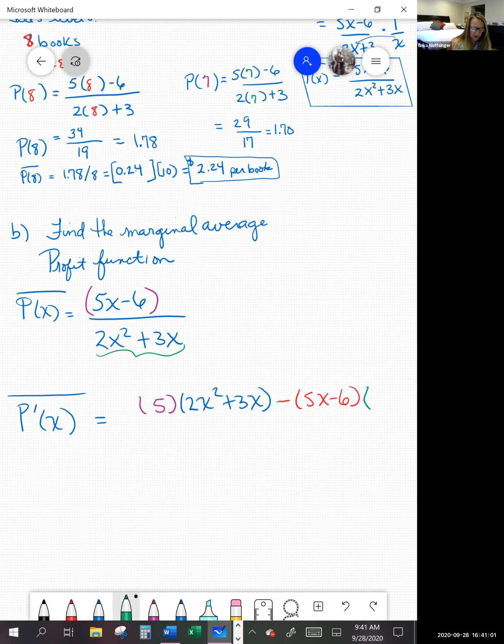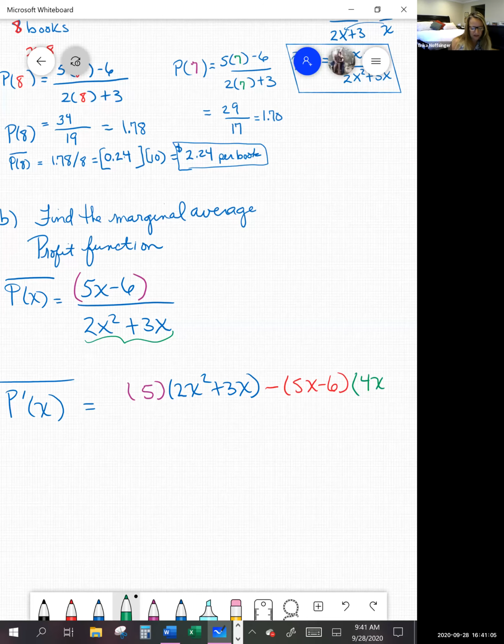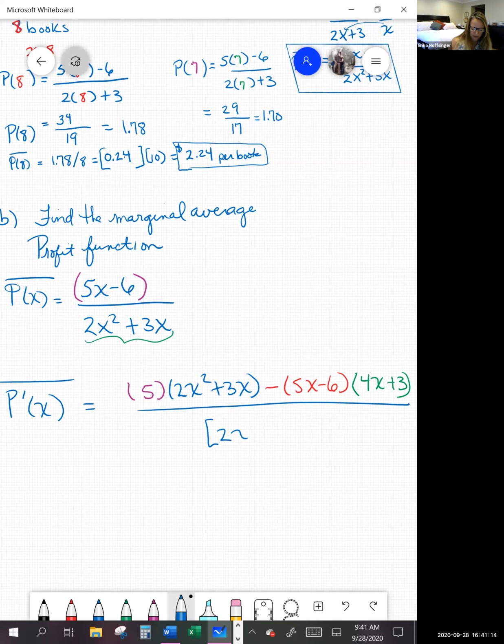Derivative of 2x squared, bring the power down front, we get 4x. And then derivative of 3x, we get plus 3. All over this quantity squared, so 2x squared plus 3x quantity squared.